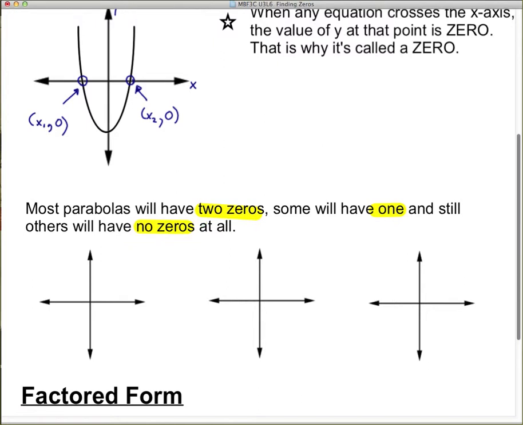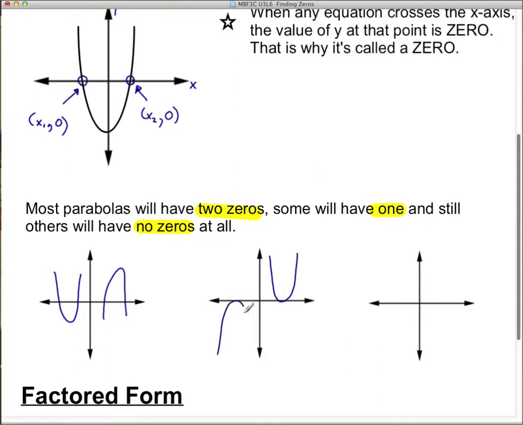So what will these parabolas look like that have these things? Well, two zeros, it crosses the x-axis in some way, shape, or form. It could be right side up, it could be upside down, it could be over here somewhere. One zero means that it has to just touch that x-axis, and the only way it can just touch is if that vertex point is right on the x-axis.